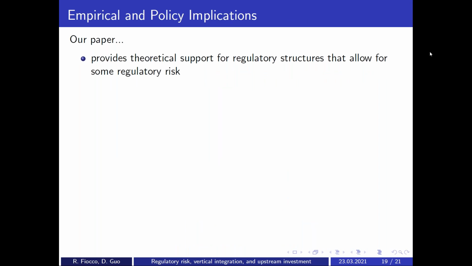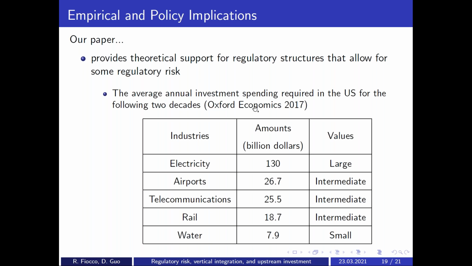Our paper provides a theoretical support for regulatory structures that allows for some regulatory risks. And according to this table, the investment is relatively large for electricity, and takes intermediate values for airports, telecommunications, and rail, and is relatively small for water.